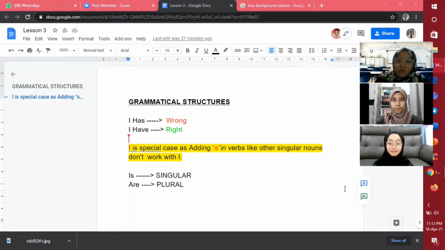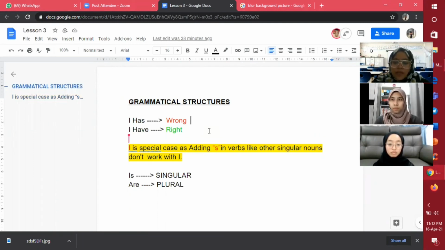Okay, so you tend to make mistakes in grammatical structures. For example, "I has" instead of "I have", and the use of is and are and other singular and plural nouns, where I found you tend to get confused a lot in your speech.